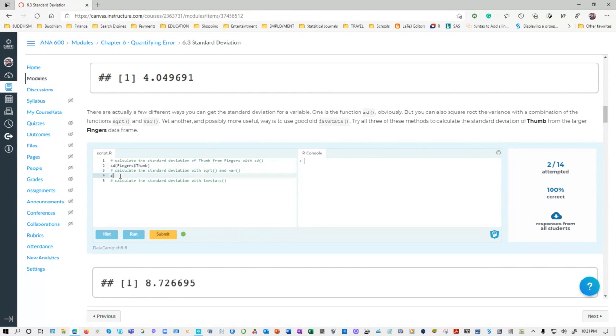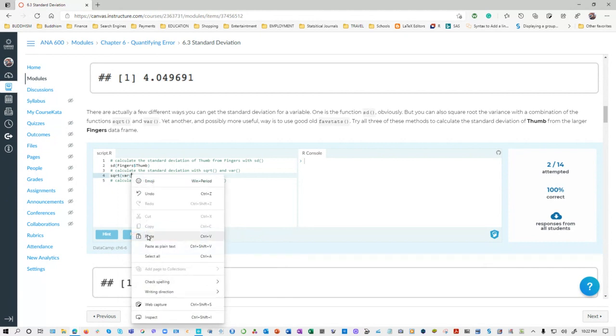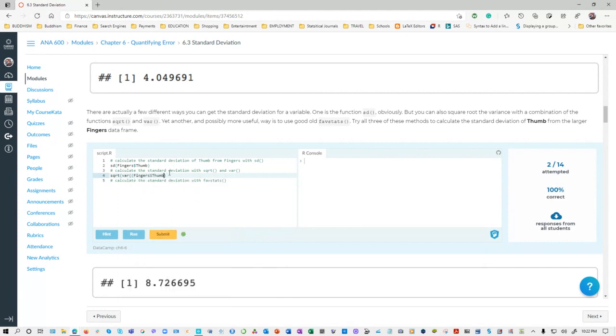You go to VAR, square root SQRT of VAR of the same thing I'm talking about here, thumb length of fingers. Calculate the standard deviation from favorite stats, another way to see. You can say thumb, data equals fingers.